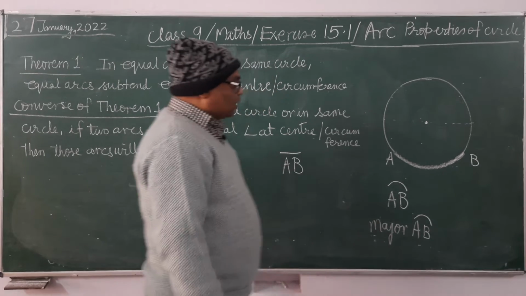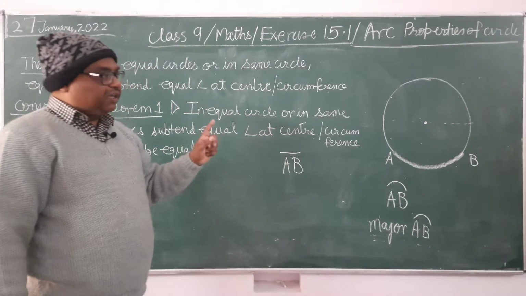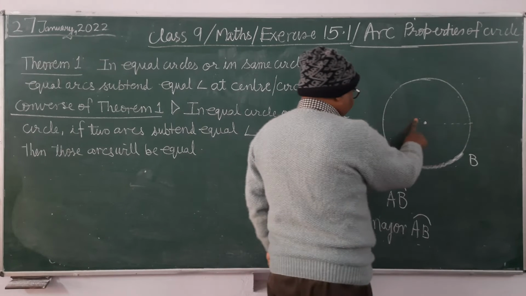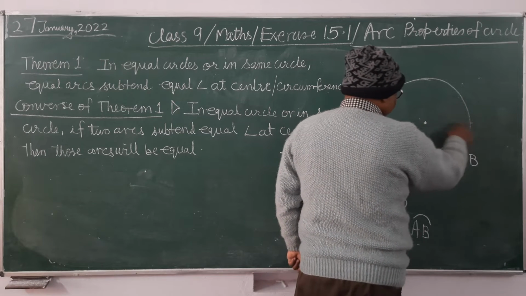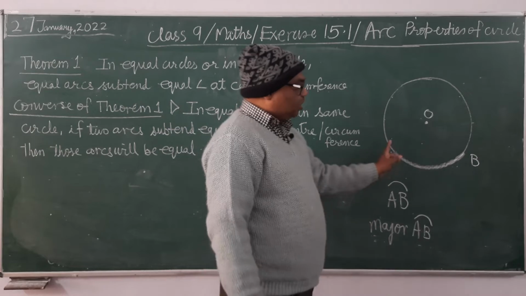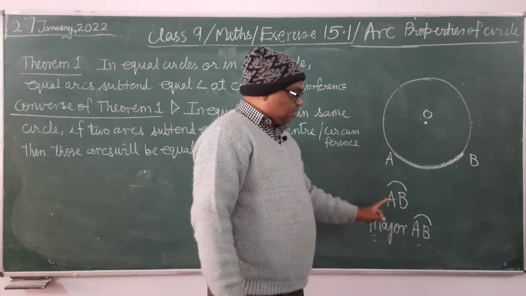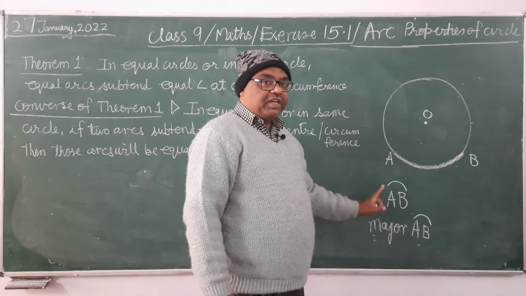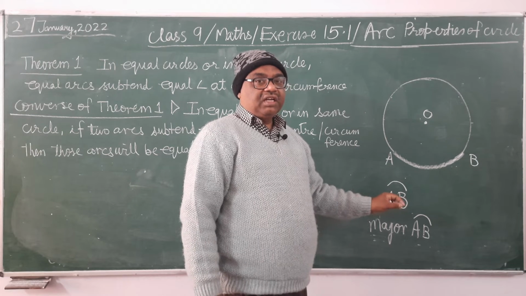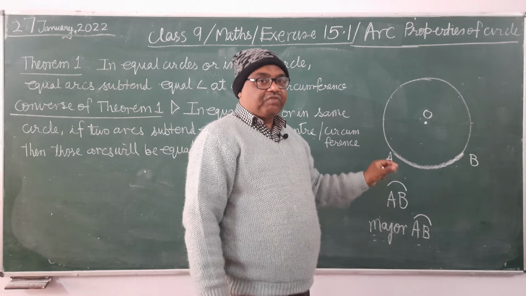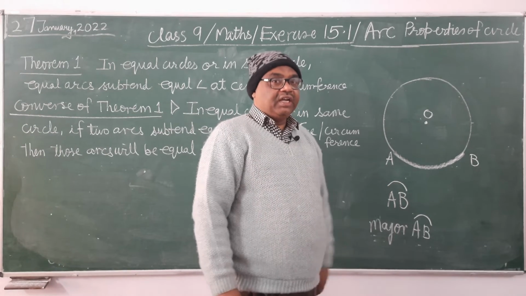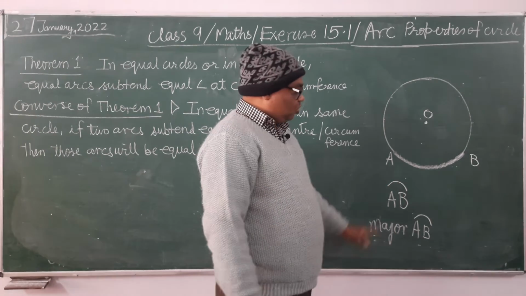Then you can see what is the angle subtended by an arc at the center. You can see here O is the center. You have to determine the angle subtended by arc AB. When it is written like this, it means it is the minor arc, because if it were a major arc, then major would be specifically written.